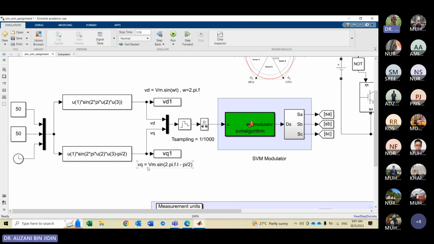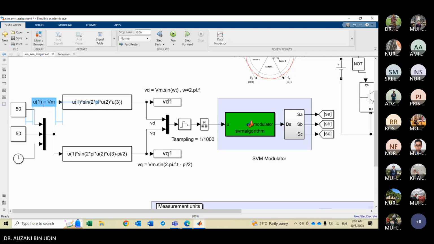Kalau you apply three phase as an input reference, each phase difference must be 120 degrees to each other. Okay, since kita punya modulator, we apply two phase, VD and VQ, so the phase difference must be 90 degrees. Okay, clear? So here will be your U1, right? So here U1 is your VM.